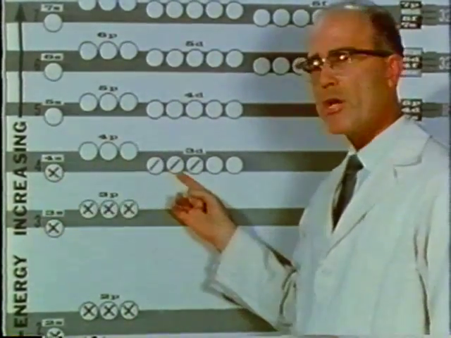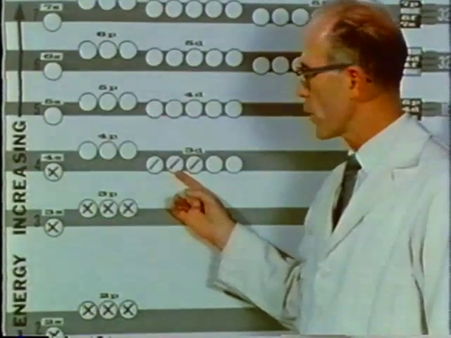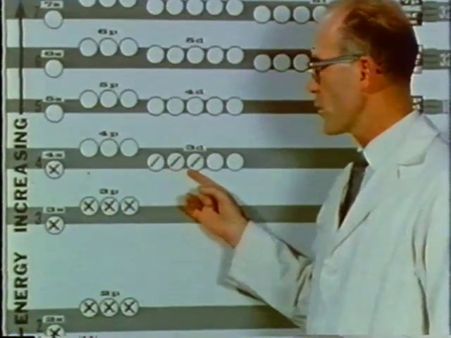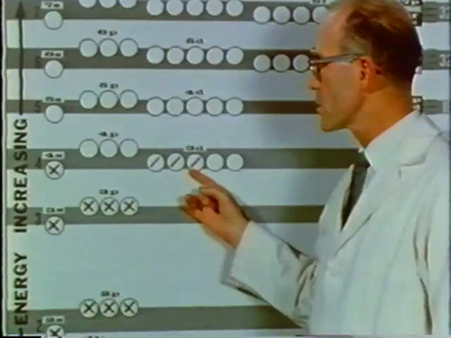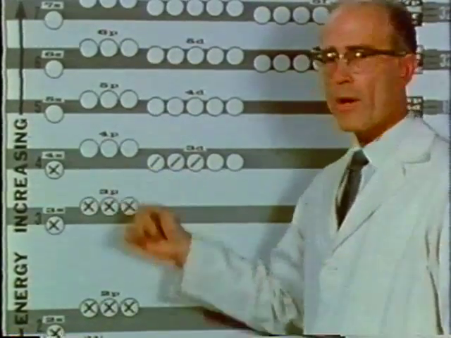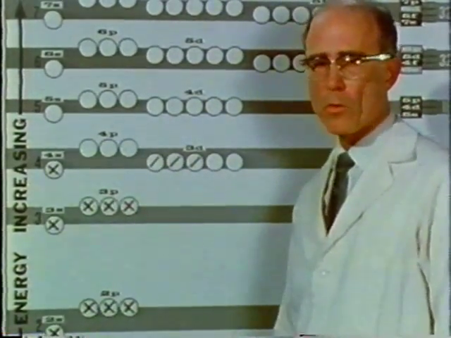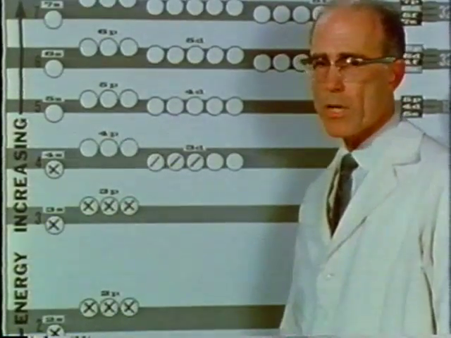Let's examine the changes in electron configuration that would occur as vanadium participates in the various reactions. Or perhaps you would prefer to stop the projector and work out these changes in configuration yourself.